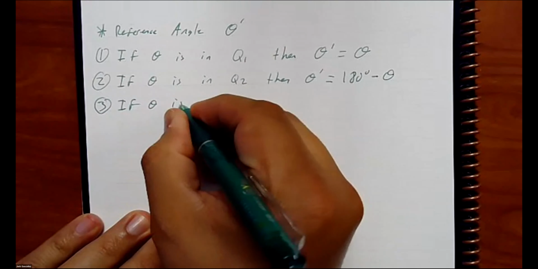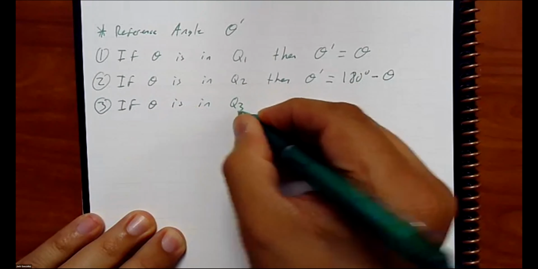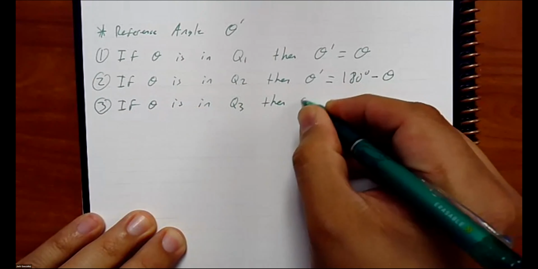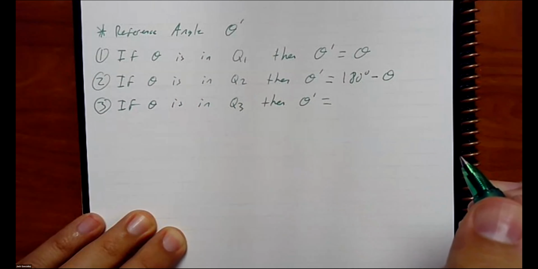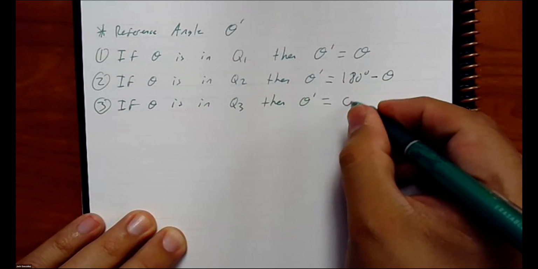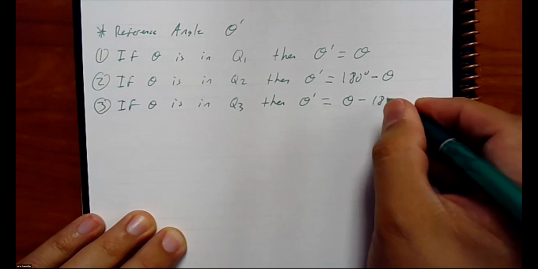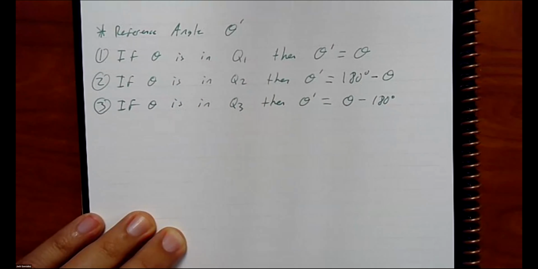If theta is in quadrant three, then the reference angle is equal to theta minus 180.